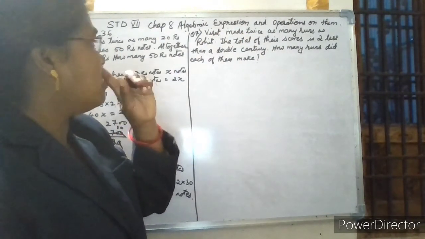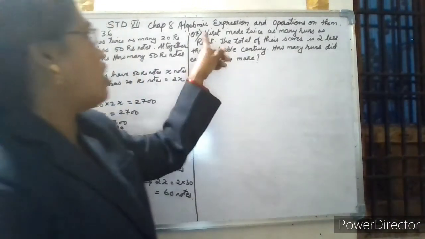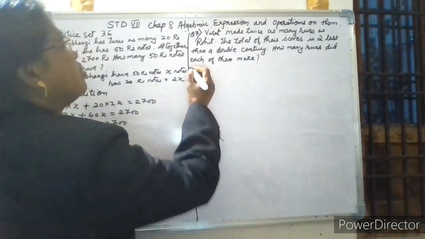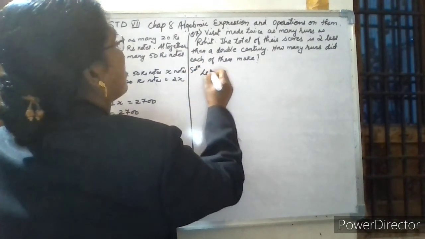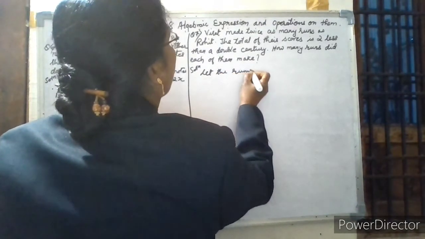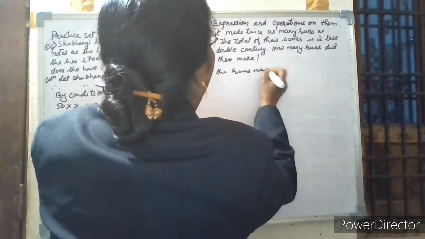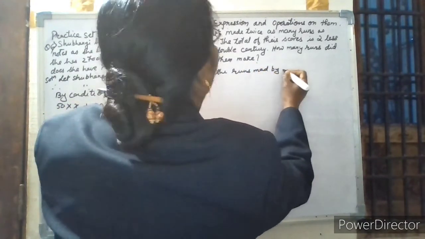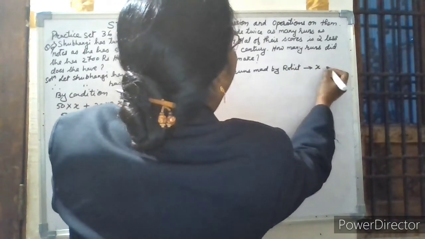So if Rohit makes X number of runs, then Virat is 2x. So let the runs made by Rohit be X runs.